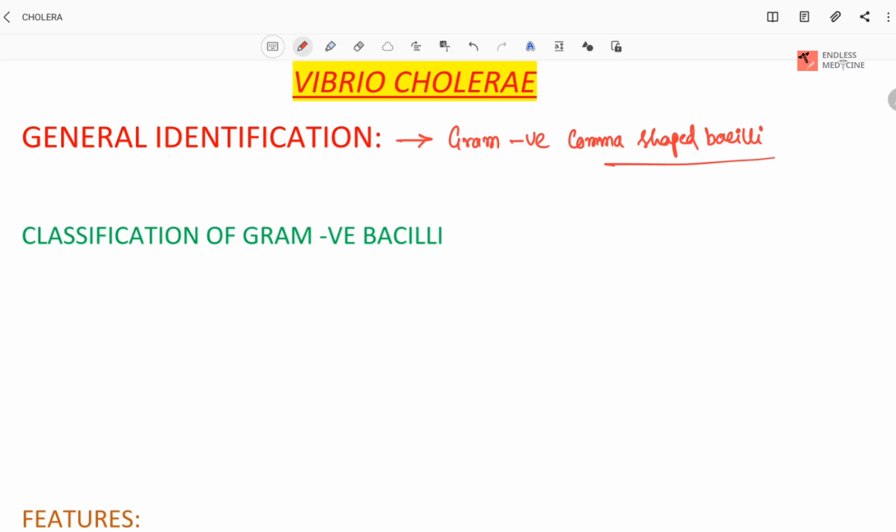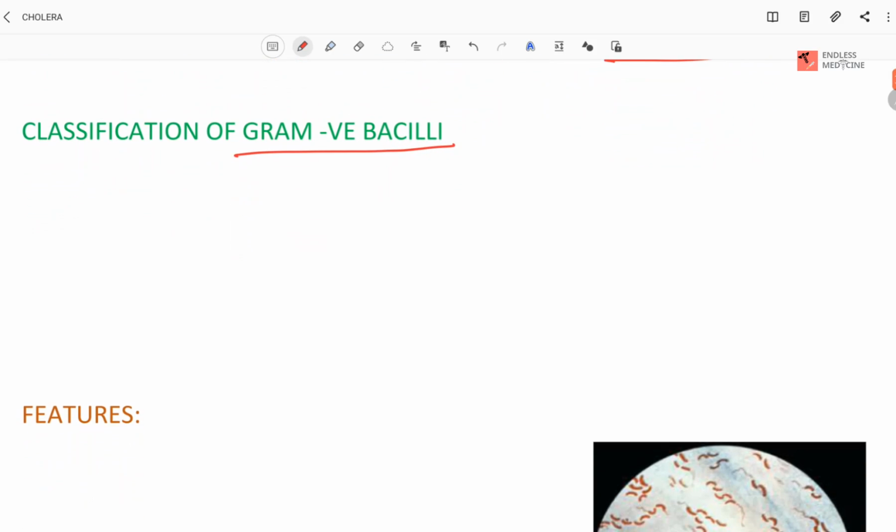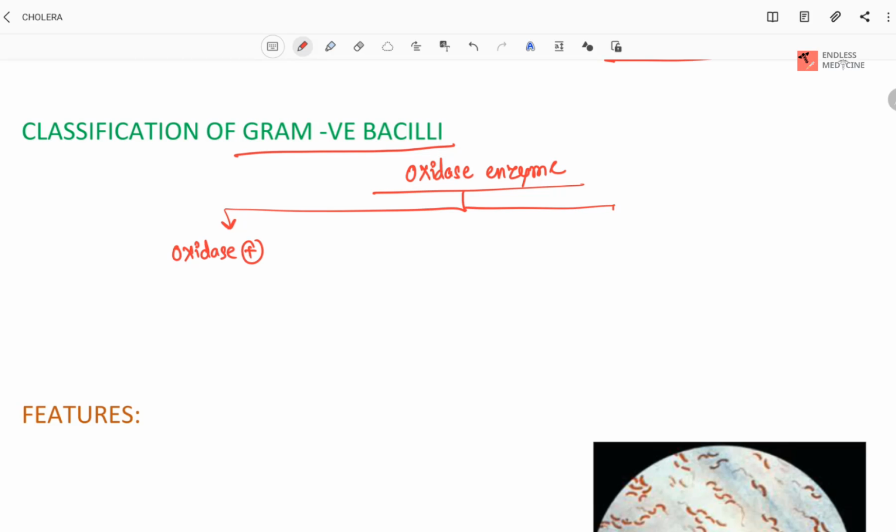What is the classification of gram-negative bacilli? Depending upon the oxidase enzyme, gram-negative bacilli are divided into two: oxidase positive or oxidase negative.